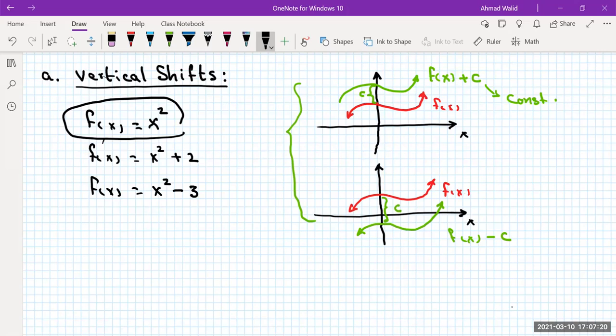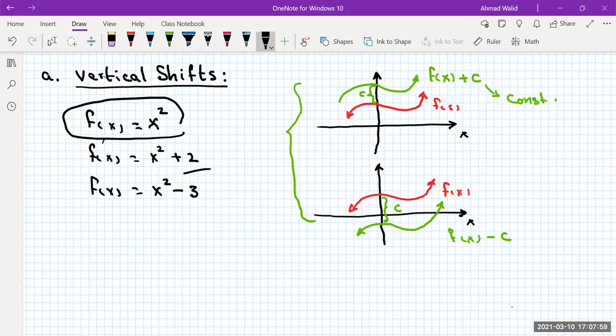I will do 2 examples here for you, and I'll explain how you do the vertical shift. Correct? Because in your test, when you learn transformation, some people call it translation, some people call it shifting, you always have to draw your parent graph, and based on that you can graph the function that's given.